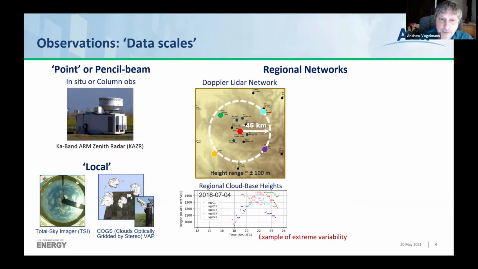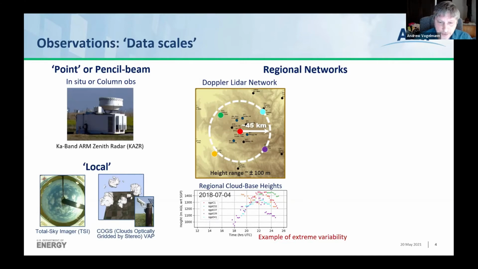The first example is the Doppler LiDAR network. We have 5 different Doppler LiDARs, located approximately a 45-kilometer radius around the SGP. They give you information on vertical velocities, but we also use them for cloud-base heights. Below is an example of the cloud-base heights versus time for all of these different sites for a given day.